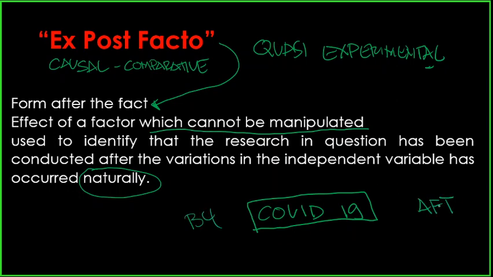Ayan, ang difference ng ex post facto with your experimental is sa ex post facto, hindi mo kayang i-manipulate yung variable because they occur naturally. Samantalang sa experimental, kayang-kaya natin siyang i-manipulate. Okay, so that is your ex post facto.